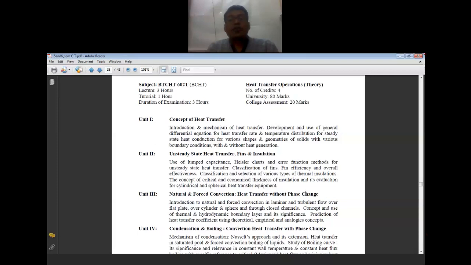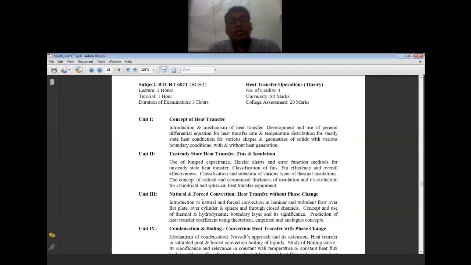That is without phase change and this is with phase change. Both are related to the convection. So we are having two units related to the conduction, first two units. Then the convection, third and fourth unit. That is the heat transfer without phase change and heat transfer with phase change.